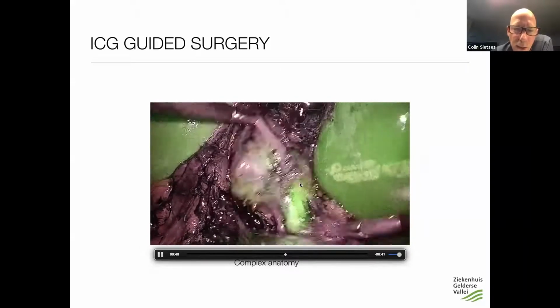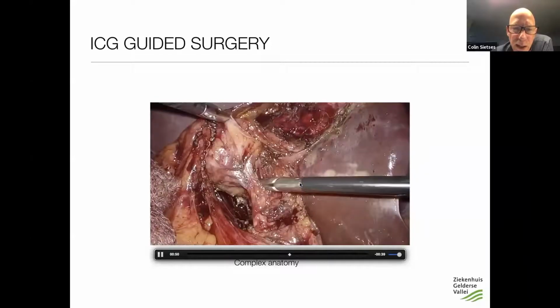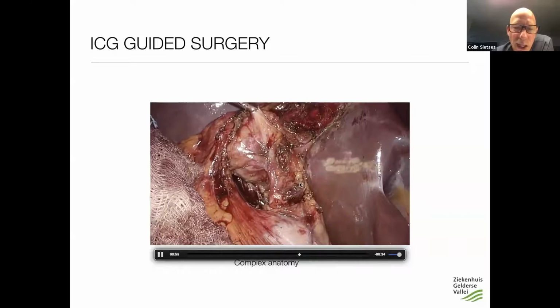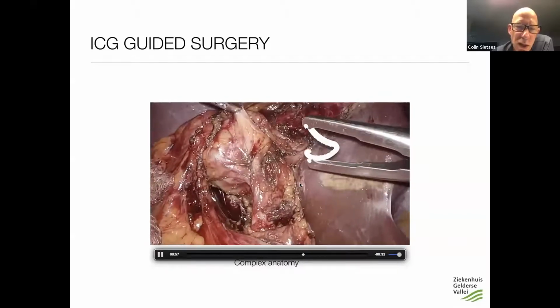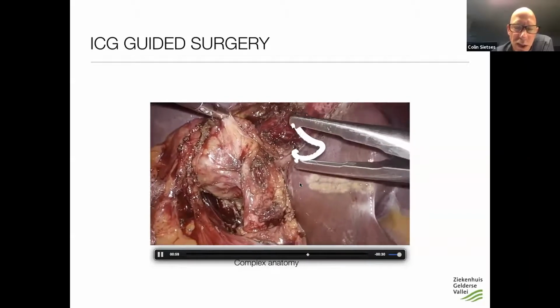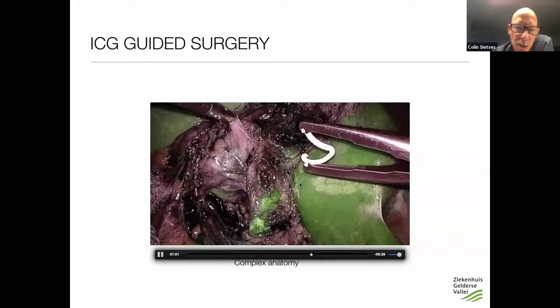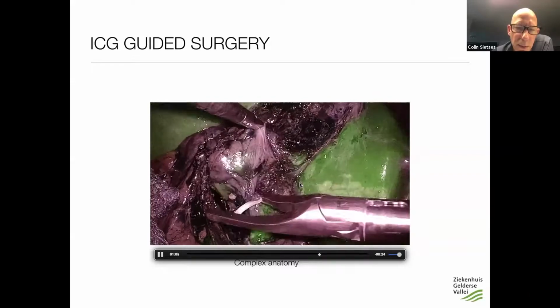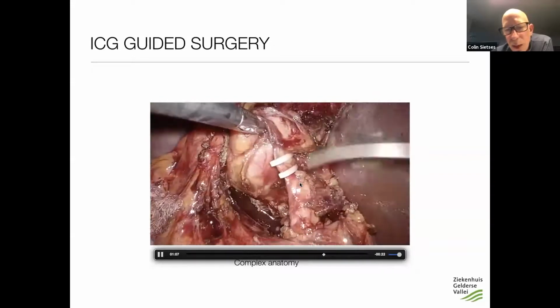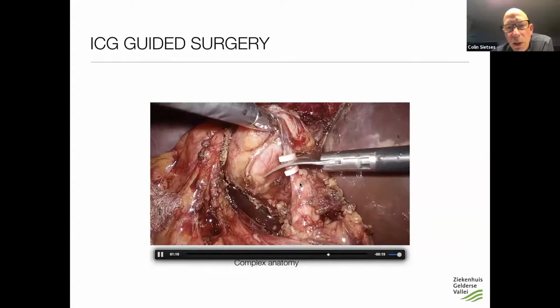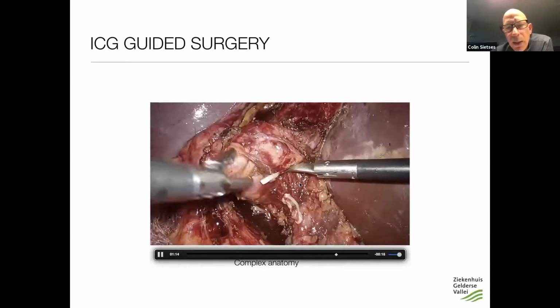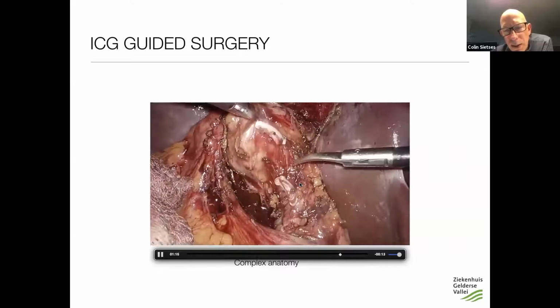Maybe you could get the anatomy clear just by dissecting, but it really, really helps you to see where the anatomy is, what your common bile duct is, what your cystic duct is. So it helps you to get out of trouble. So you can clip it and put the clip just where you want to have it so you don't damage the common bile duct. And at the end, you can control again to make sure that everything is intact.